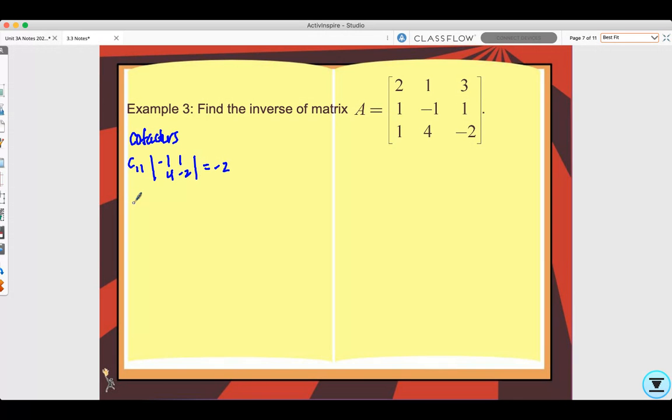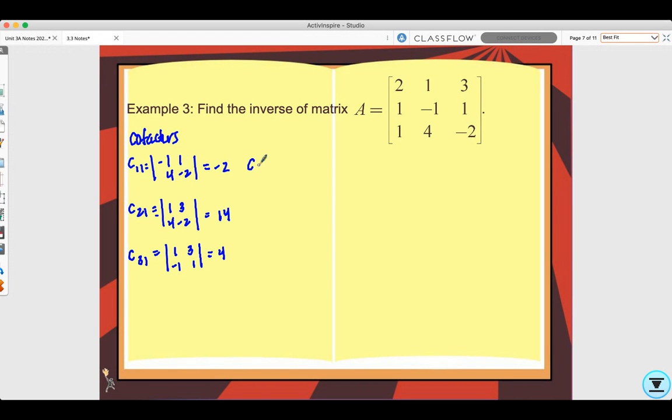And then I'd have C21, which would be negative, because when I'm going row 2, column 1, this one would be negative. So 1, 3, 4, -2, and that would equal 14. And C31 would then be positive, and that would be 1, 3, -1, 1, and that would give me 4.